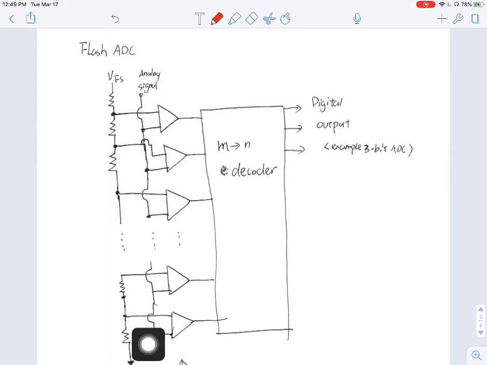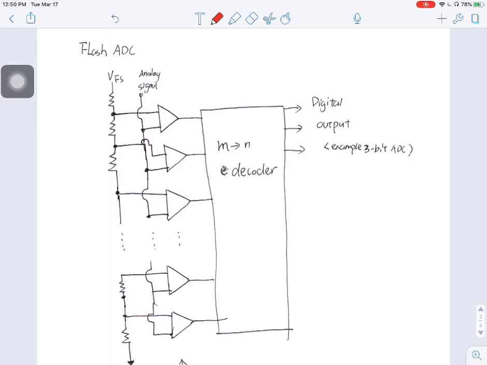It has a bunch of resistors connected in series, and in between each resistor there is a branch that goes into a comparator, and the other input of each comparator is connected to the analog signal voltage input.